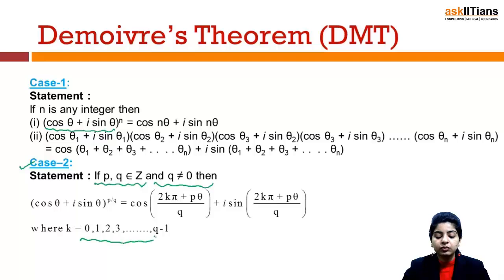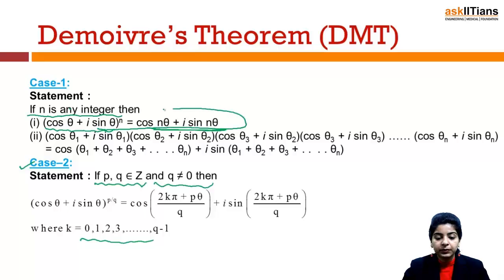to q minus 1. So just note here the difference between the two cases. First of all we are taking n to be an integer, and in this case when index n is an integer, then we can see that (cos theta plus iota sine theta) raised to the power n has exactly one value, which is cos n theta plus iota sine n theta, right? When n is an integer, this has got exactly one value.